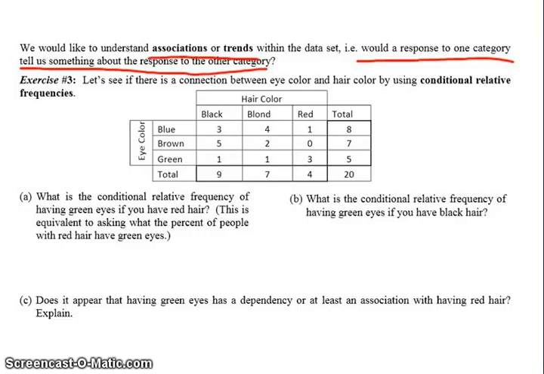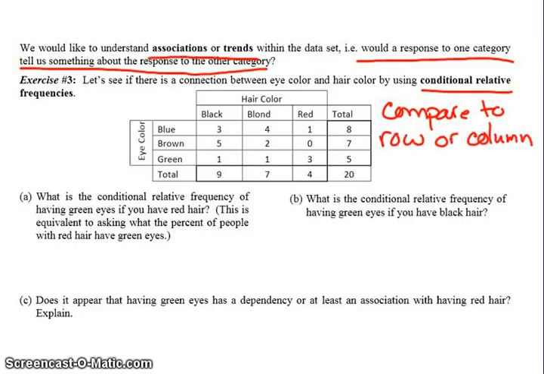And to do that, we use what are called conditional relative frequencies, where instead of comparing it to the total, you're going to compare to the row or column, depending on what it's asking. So let's see what that means. What is the conditional relative frequency of having green eyes if you have red hair? This is equivalent to asking what percent of people with red hair have green eyes.